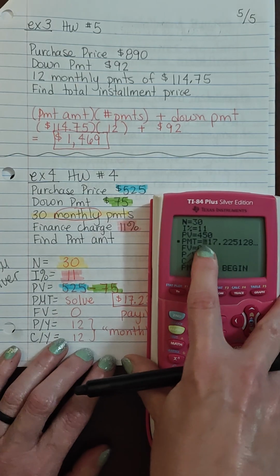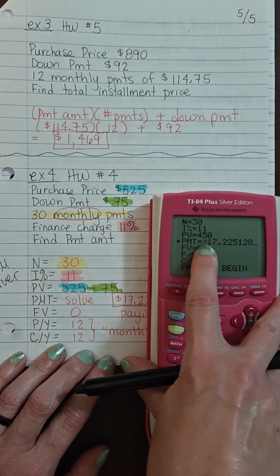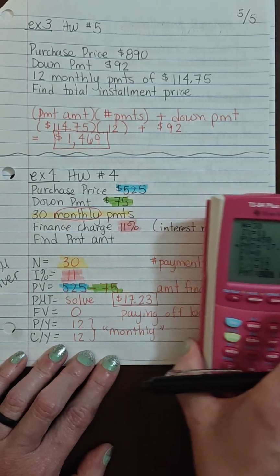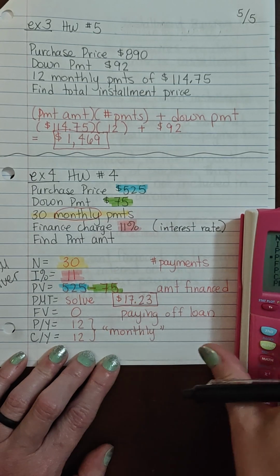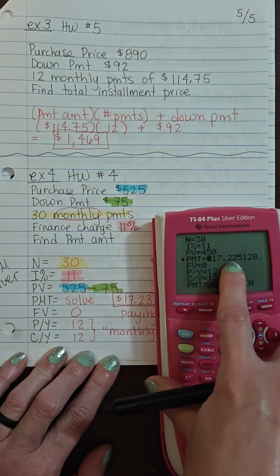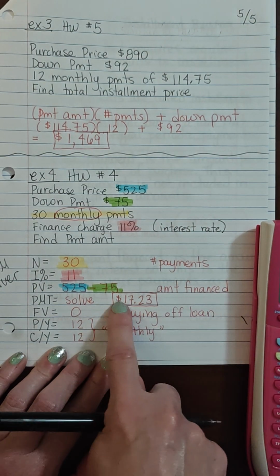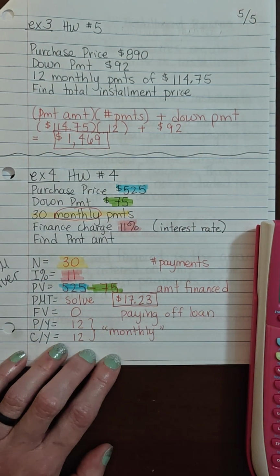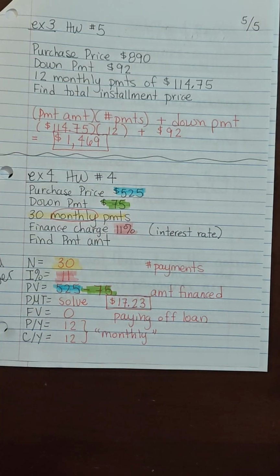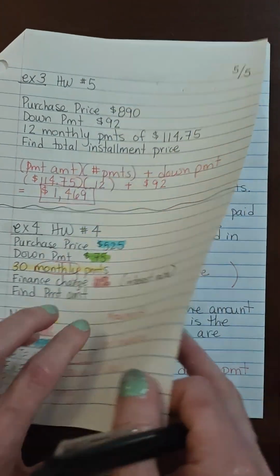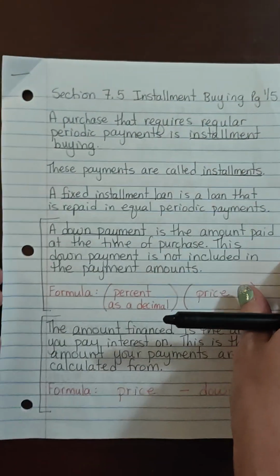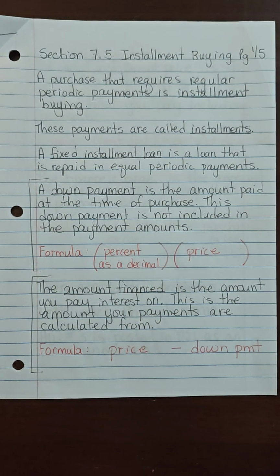And I get, remember we just ignored the negative because it just means money coming out from your account, $17.23. That's because that 5 rounds that second 2 up. So that is your payment amount. Okay, so that finishes up section 7.5.